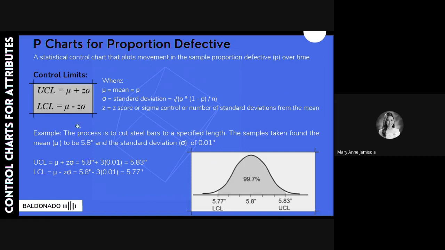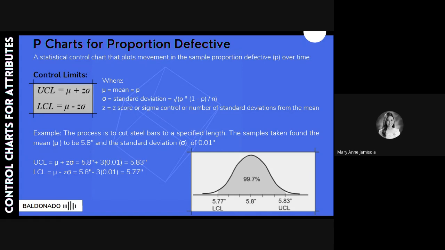The mean, as stated in the problem, is 5.8. Then the z-score, you actually have a table for this, right? So the z-score for this is 3, and then the standard deviation is 0.01. So just do the calculation and you will get the upper control limit and the lower control limit.